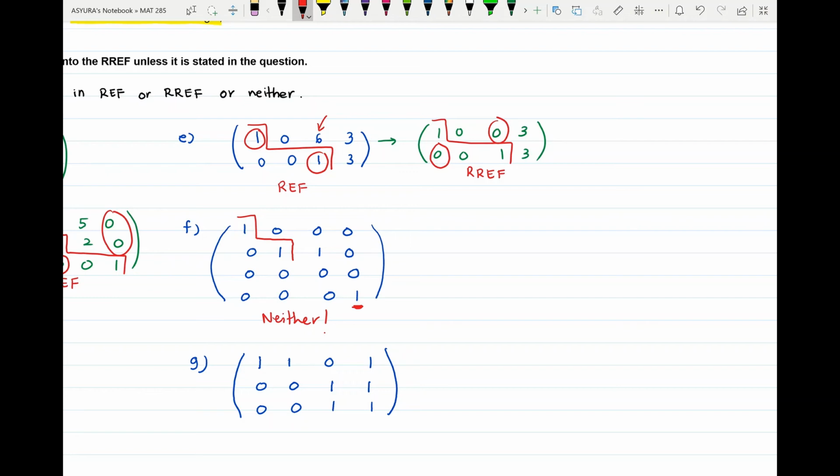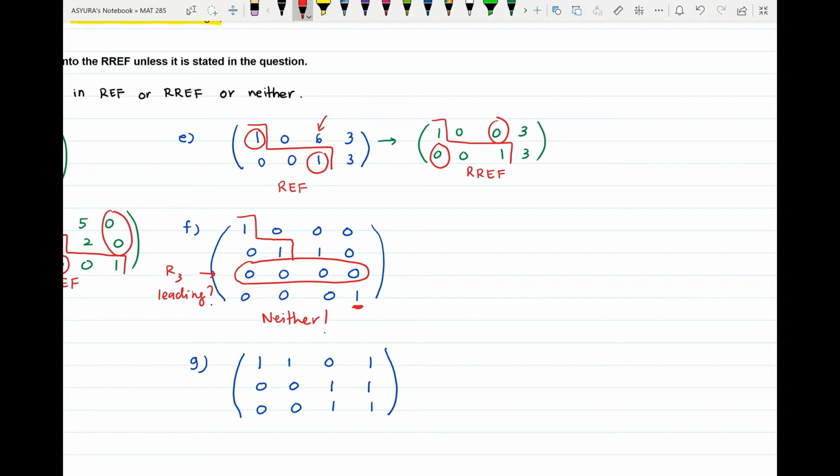Your next leading one must be in the third row. Where is your leading one? What you have to do in this example is write all the zero rows at the bottom of your matrix.